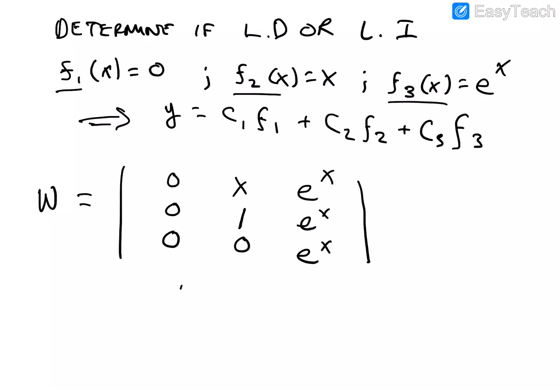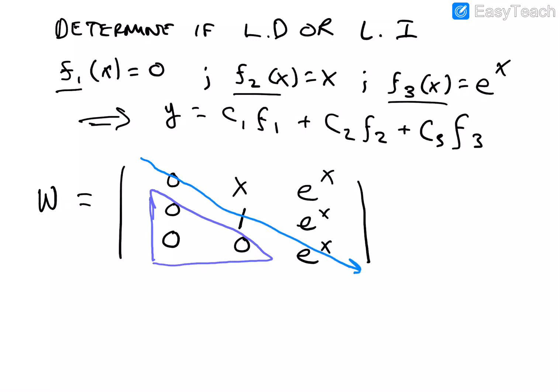So you could either solve this matrix by using the determinant, or if you know your matrices really well, you can say that if you have this triangle of zeros here, what you could do, and this is called diagonalizing a matrix, is multiply diagonally.